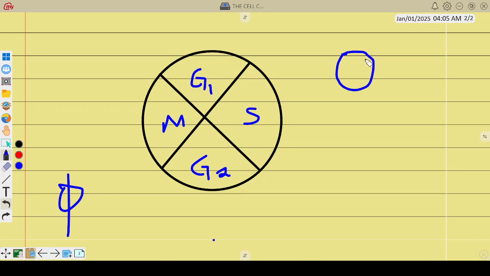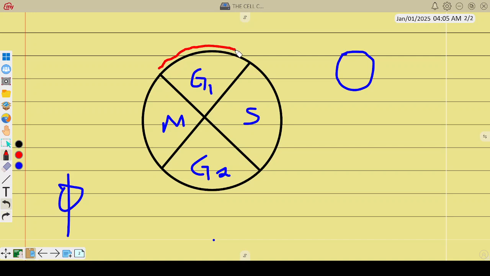It will keep growing at this phase. As I mentioned, it takes approximately 6 hours for interphase to reach this point. So the cell is growing, it's growing, it's growing.